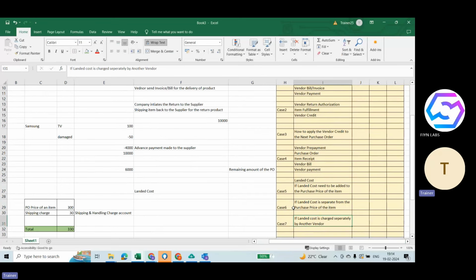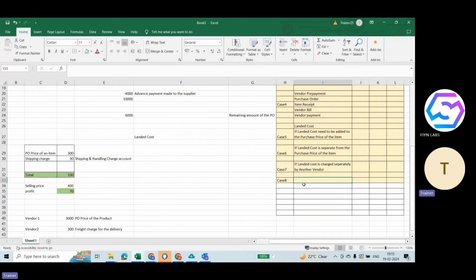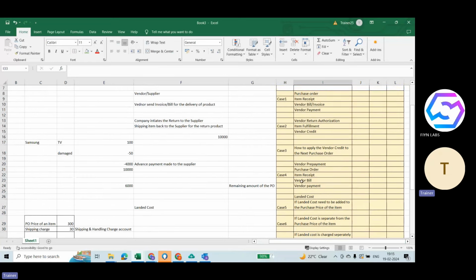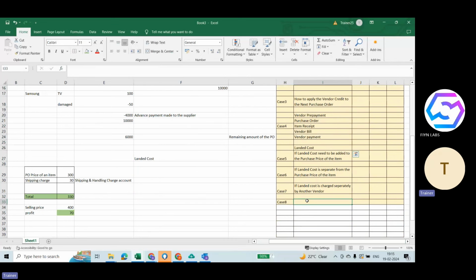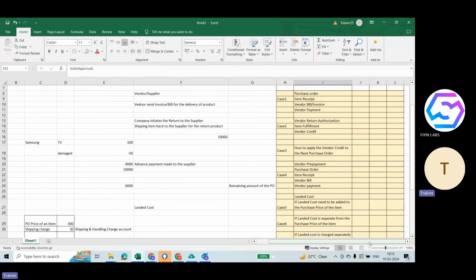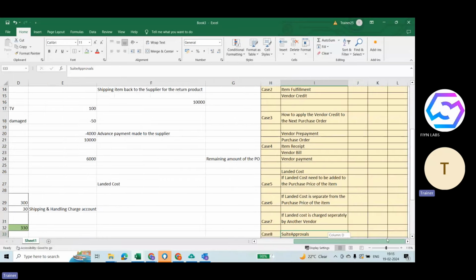So in total we have 7 case scenarios which we're going to talk about. Then there is another case, which is NetSuite suite approval. This is the standard scenario, whatever we have. Then we have suite approval that we also cover. This is a new app that has been added recently by NetSuite, and that is also covered in the demo part.